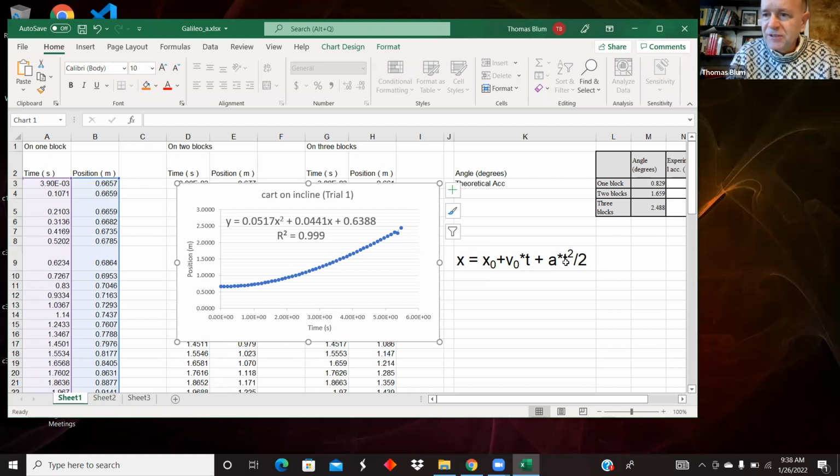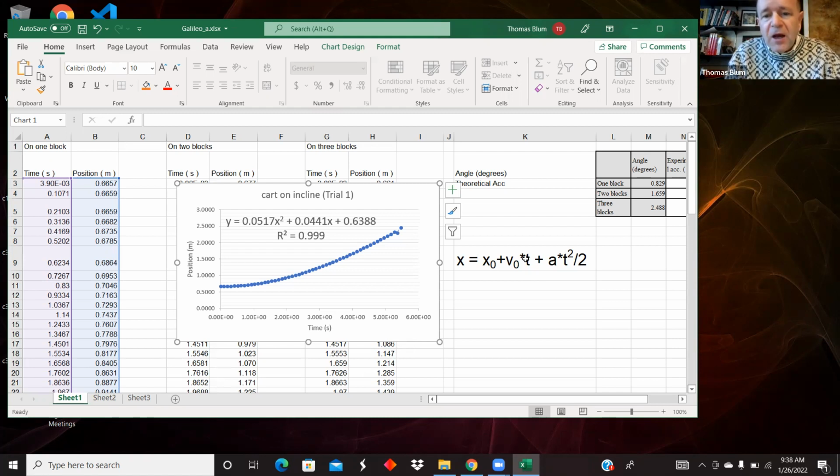Now Excel calls it X, but I know it's on my x-axis as time. So if I wanted to, I could edit this and change these X's to T's, but I'm not going to. Just realize Excel doesn't know that this was time until I wrote time. So it just always calls what's on the x-axis X. But in physics, we know it's time and we call it t.